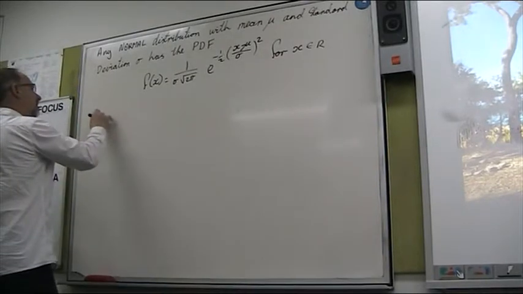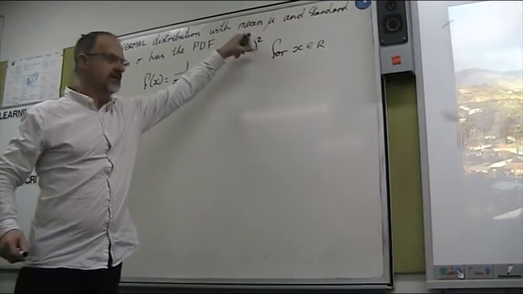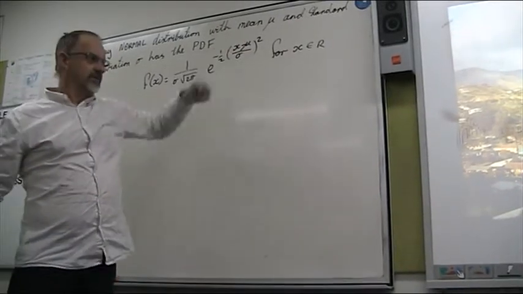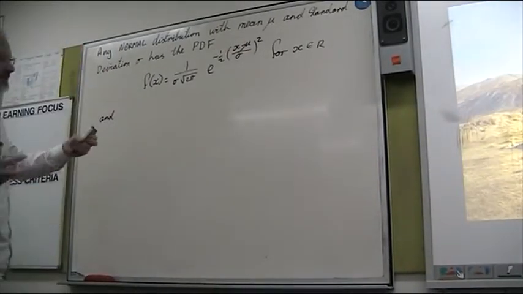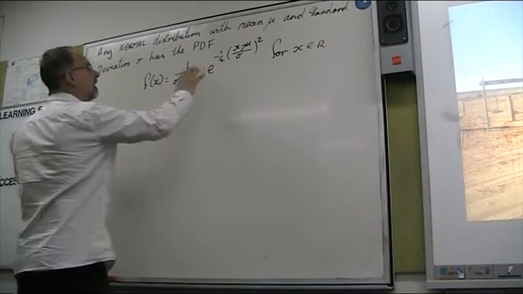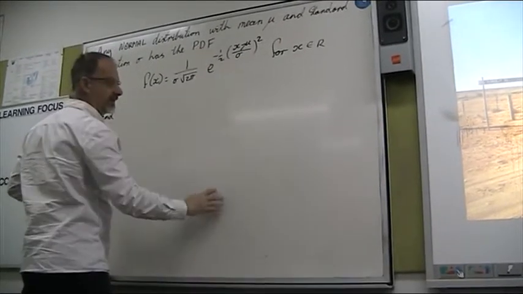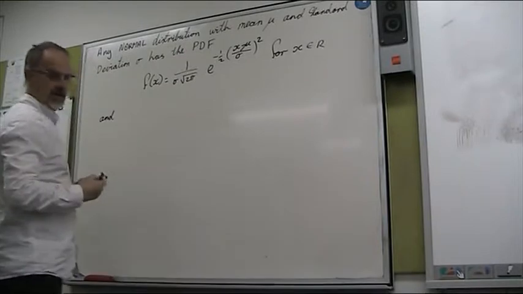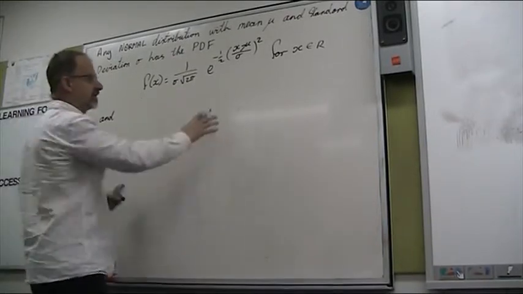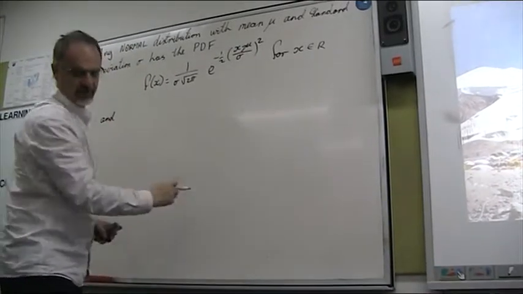Now the other thing is, if these are transformations, dilations and translations, then there's a relationship between any normal distribution and the standard normal distribution.